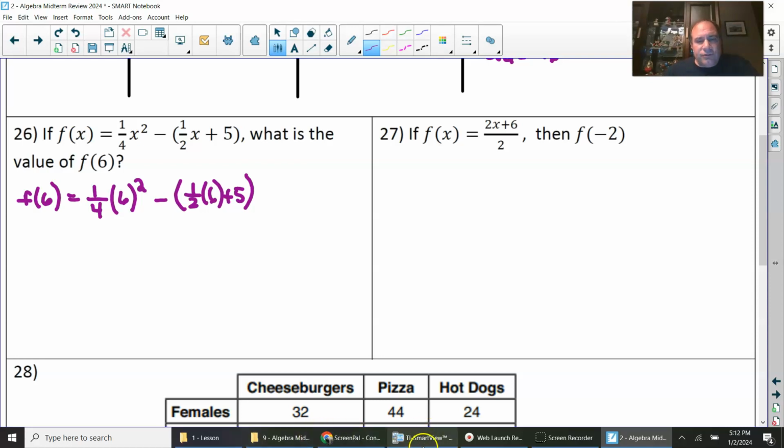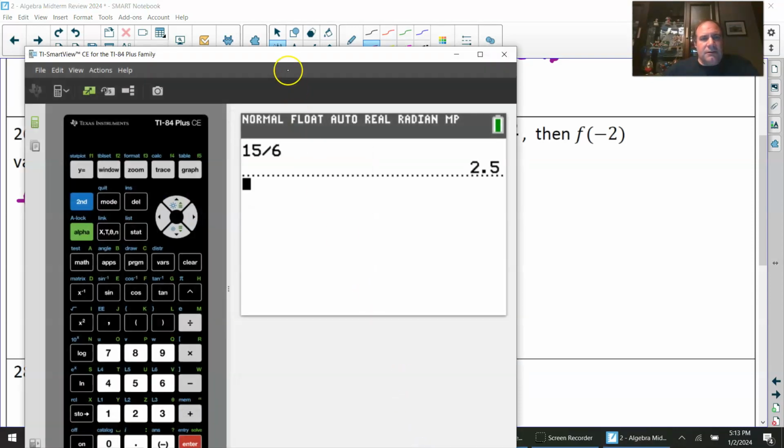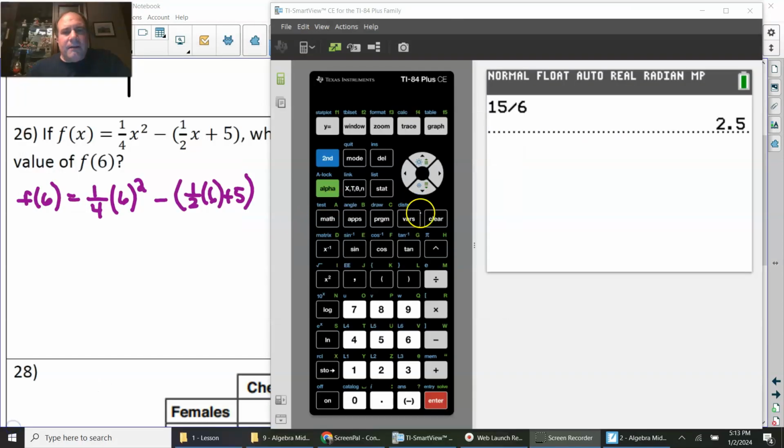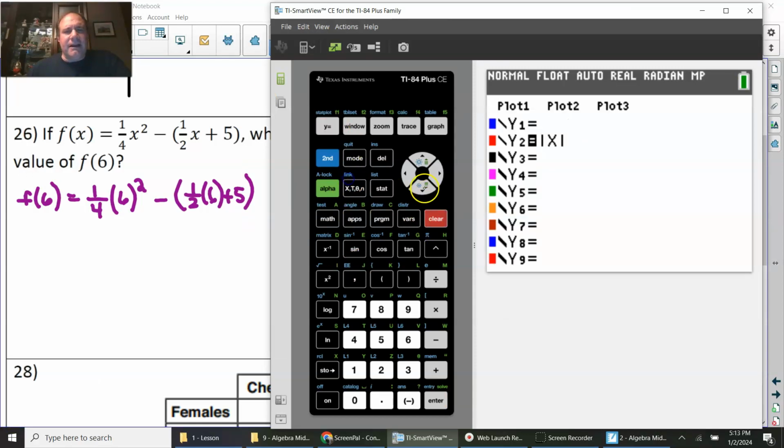Right? I choose to do it this way, where I'm going to use my calculator. So I'm going to press y equals. I'm going to clear out all that absolute value stuff that I'm doing, and I'm going to put this whole thing, this f of x, 1/4 x squared, I'm going to put that right into the calculator.